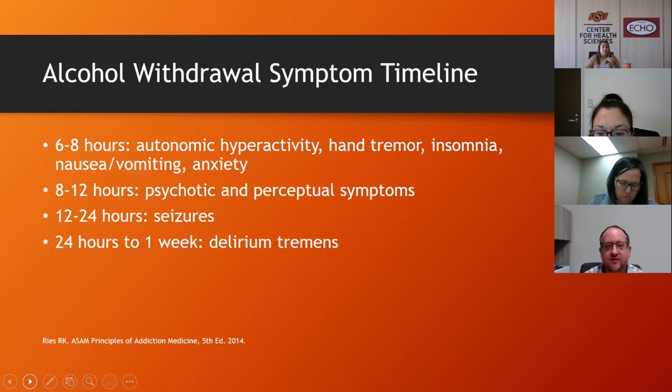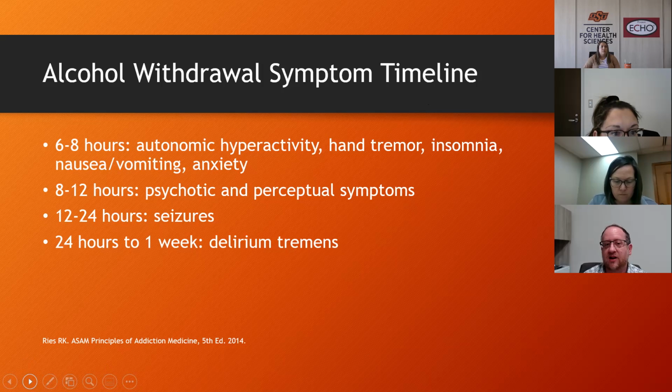As the alcohol clears their system, which is usually in the first 6-ish hours, as we talked about before, usually between 6 and 8 hours, you start to get the early signs of alcohol withdrawal, the more common things we see clinically.